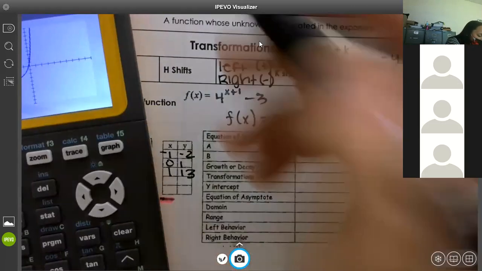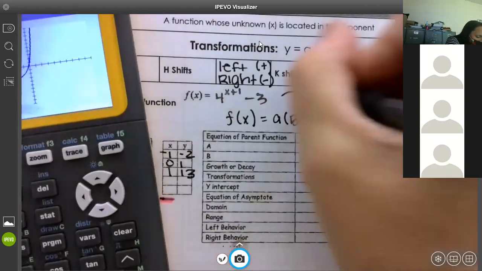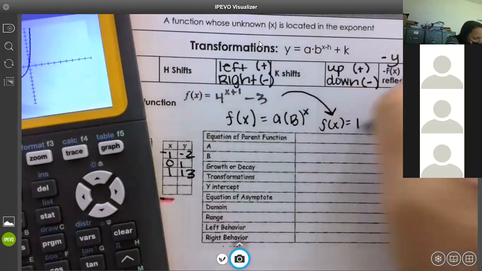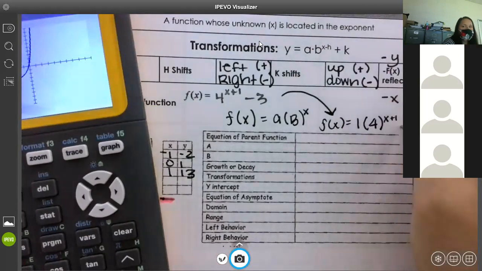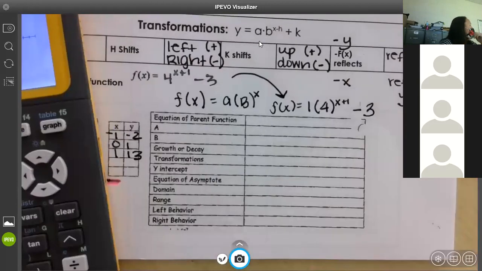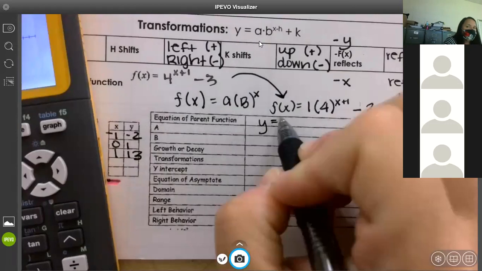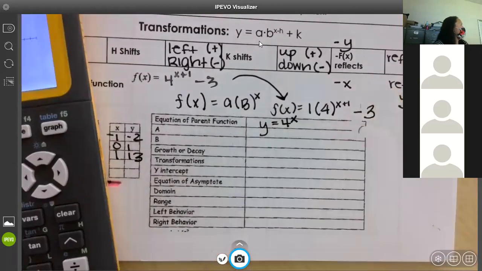If I rewrite this equation, it would look like this. That 4 is your multiplier because it's the one that has the power. So your parent function is whatever is in parentheses, just to the X power. That's the one that we're going to shift left, right, up, down, reflect.